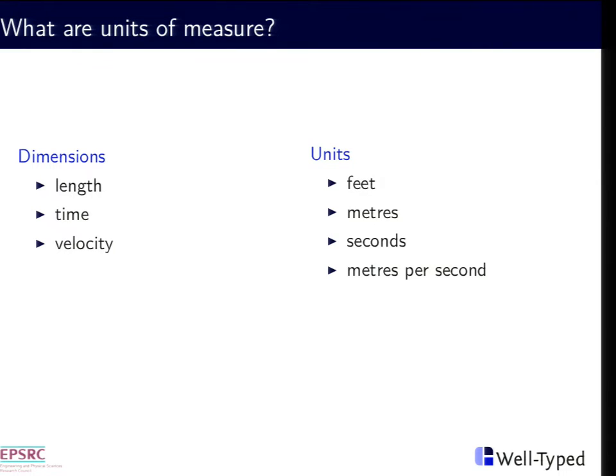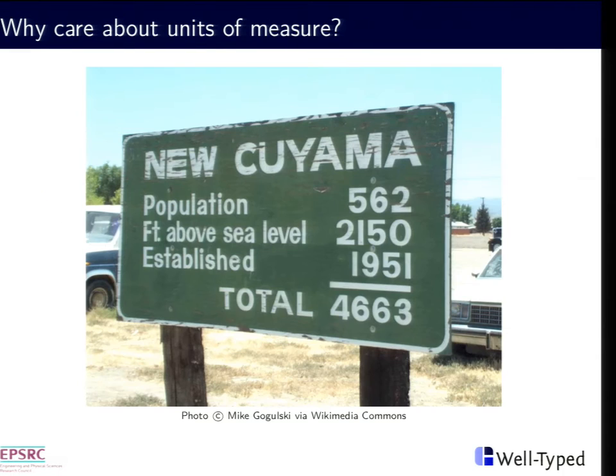I'm going to be focusing on the unit side of this picture. You've probably used all of these just in day-to-day life. You measure something in meters, and if you measure something else in feet, then you want to make sure that you're converting appropriately rather than mixing up quantities measured in different units.